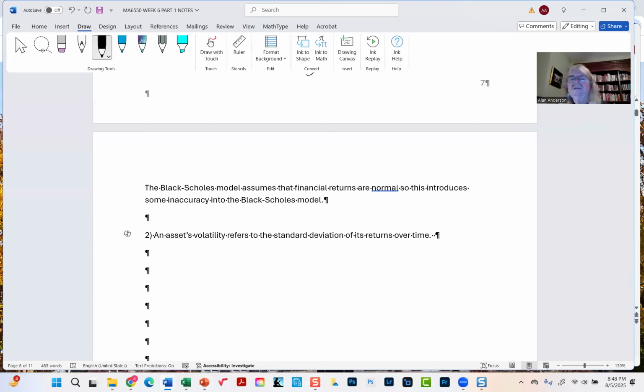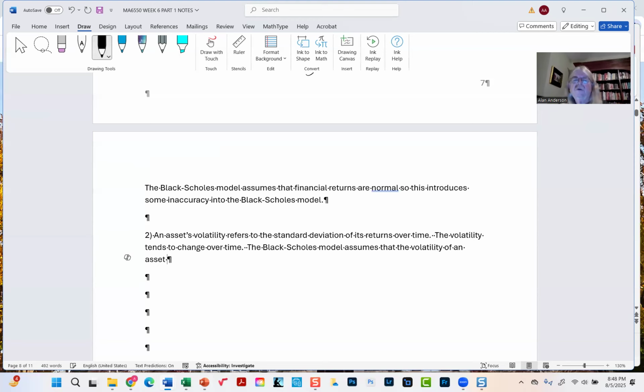Now, this volatility tends to change over time. In other words, it depends on what's going on in the market. Sometimes an asset can be quite stable, and other periods it can be quite unstable. And the Black-Scholes model assumes that the volatility remains constant during the lifetime of the option.